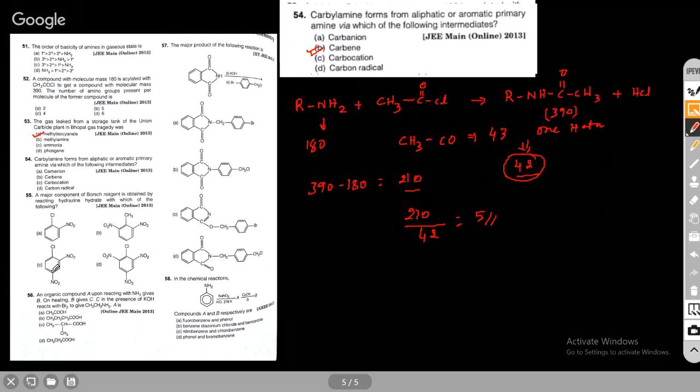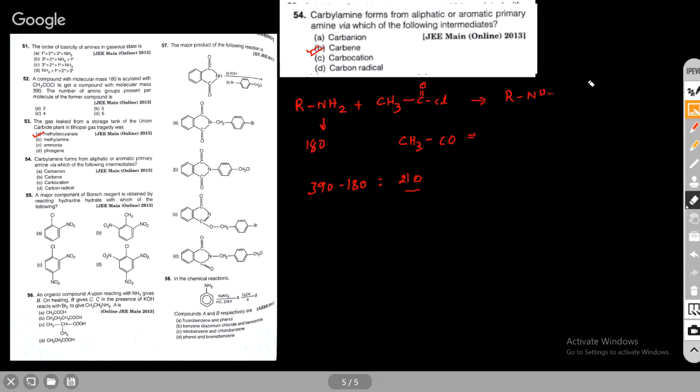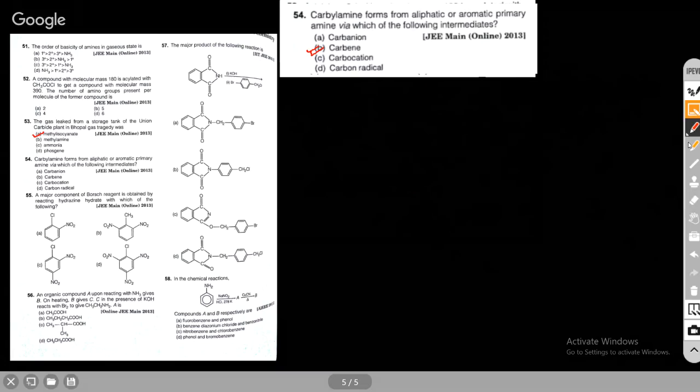Bosch reagent is 2,4-DNP. Write it down. 55th.